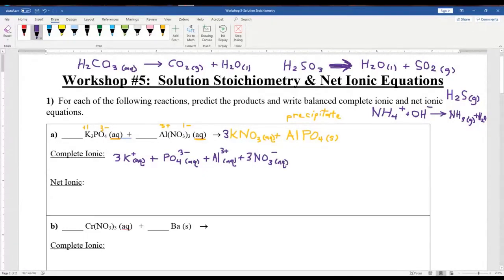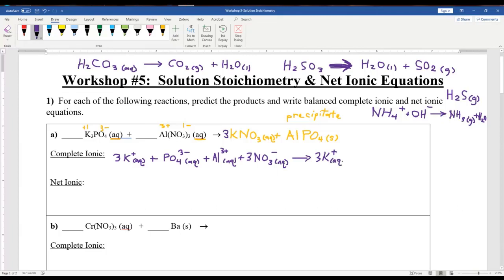Very good. And then we go ahead and draw the arrow to the product side. And what happens on the product side? I think 3 potassium plus. Yes. And the coefficient will multiply everything in front of it. So absolutely, 3K plus aqueous.